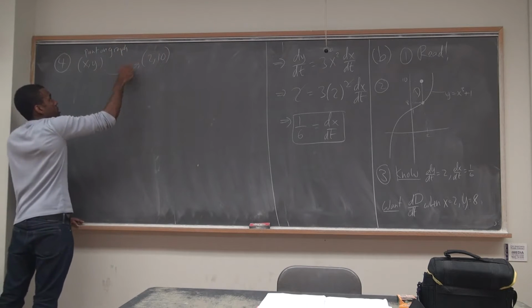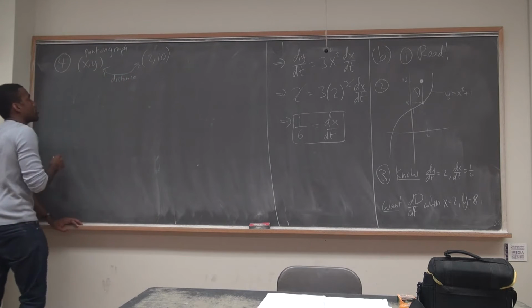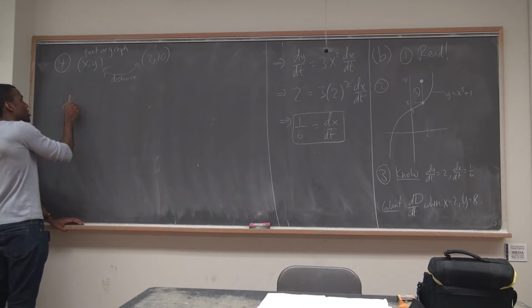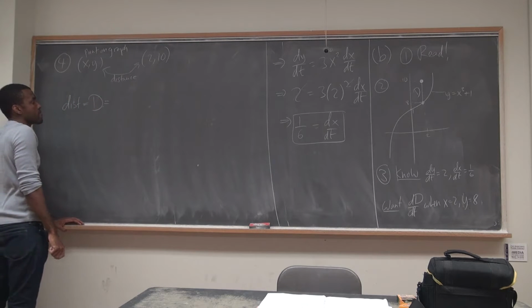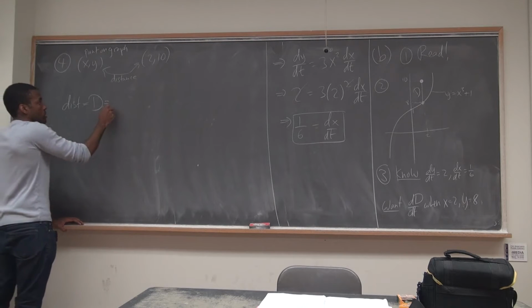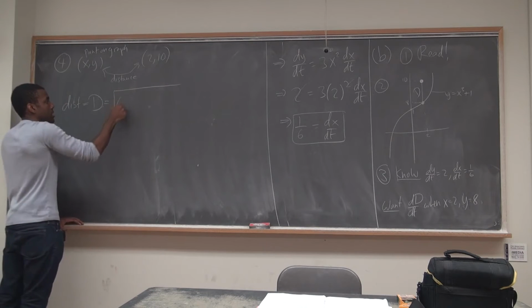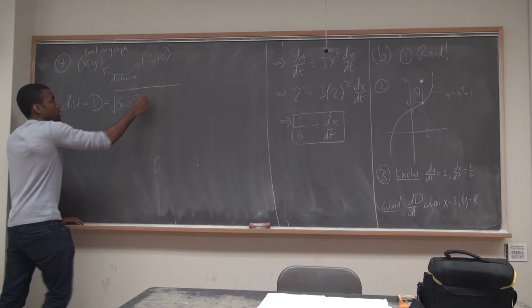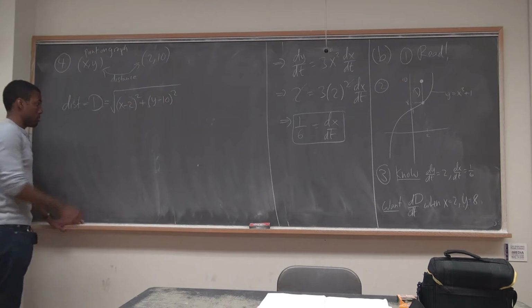I need the distance between these. So the distance formula gives D equals the radical of (x minus 2) squared plus (y minus 10) squared. Yes, you have to remember the distance formula.